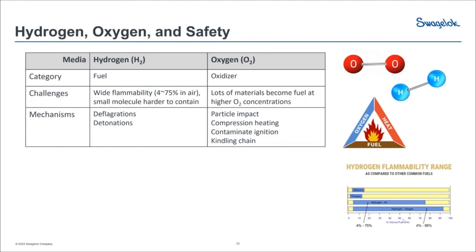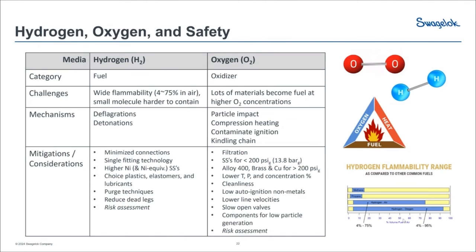Now, in both molecules, both deflagration and detonation ignition mechanisms are important to avoid, whereas oxygen has a couple of well-documented ignition mechanisms that are well understood. In the way of mitigating risks around gas distribution, I'd say the one thing that's a common misconception is that it's much more than just the material selection when it comes to safe hydrogen and oxygen operation.